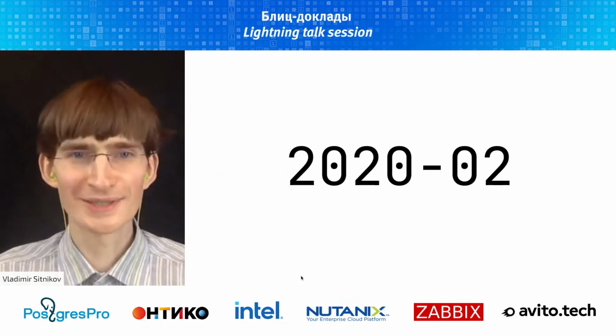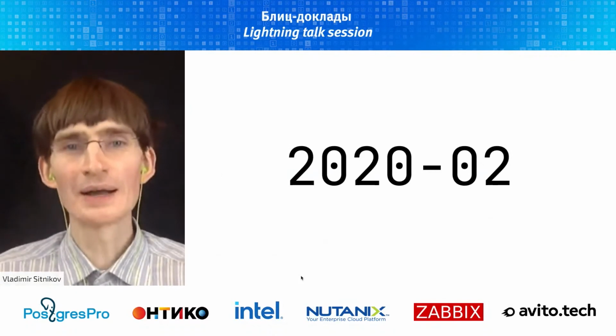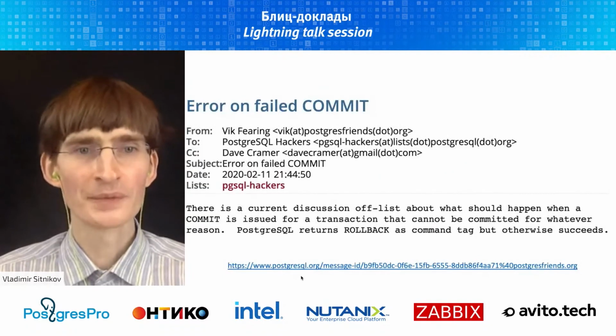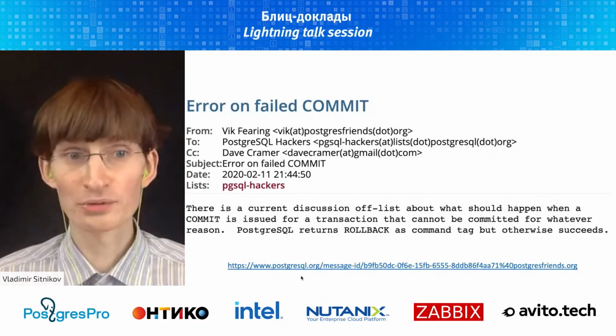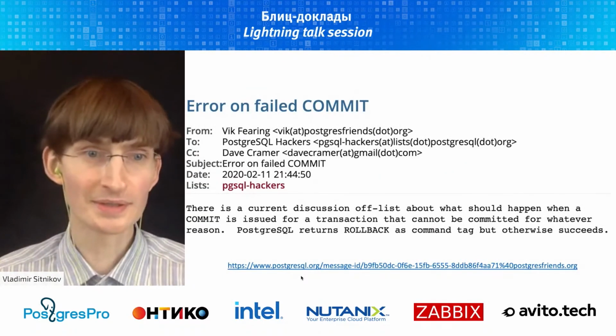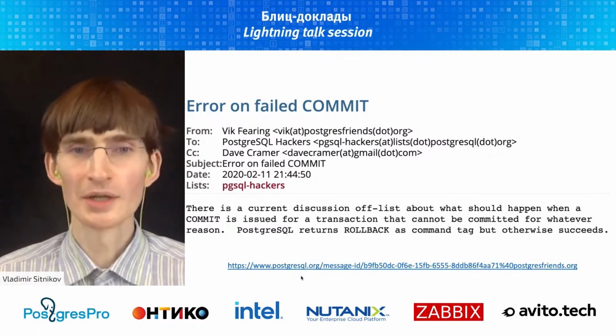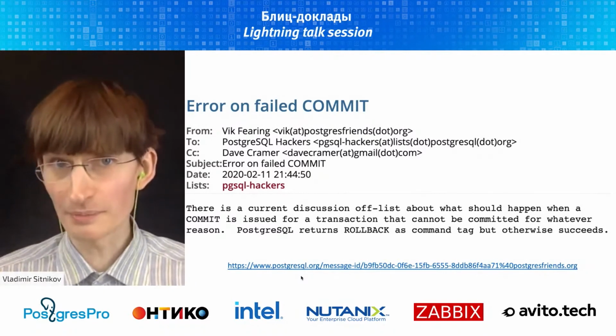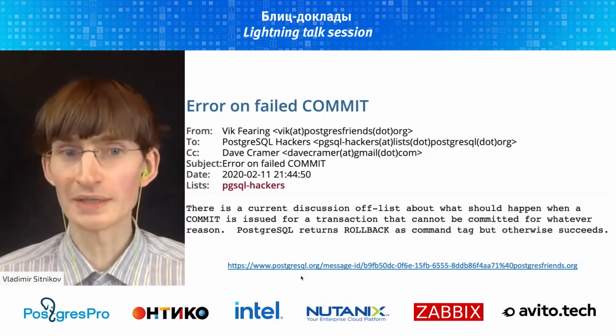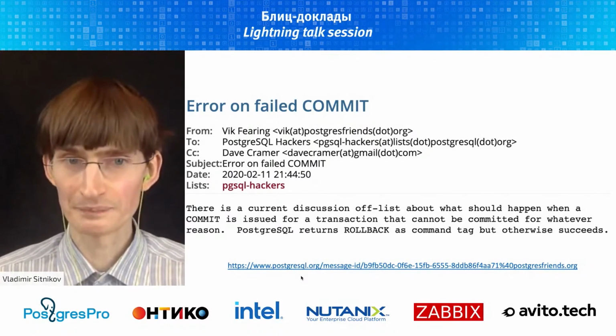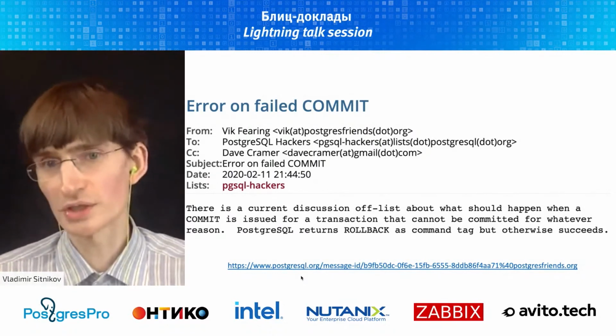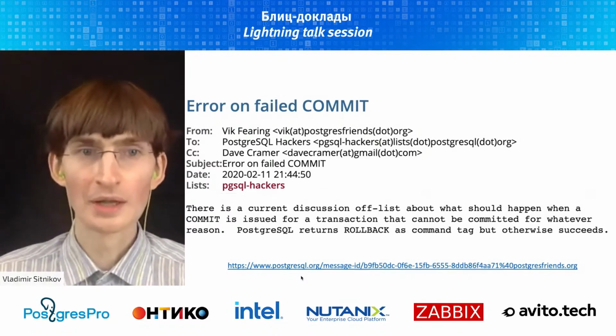Yeah, but let's think about 2020. Well, not the 2020 we are all thinking about now, but still. One year ago, an email was received on pgsql-hackers, saying, come on, there is a standard describing what should happen if commit fails. Well, yeah, everything fails.